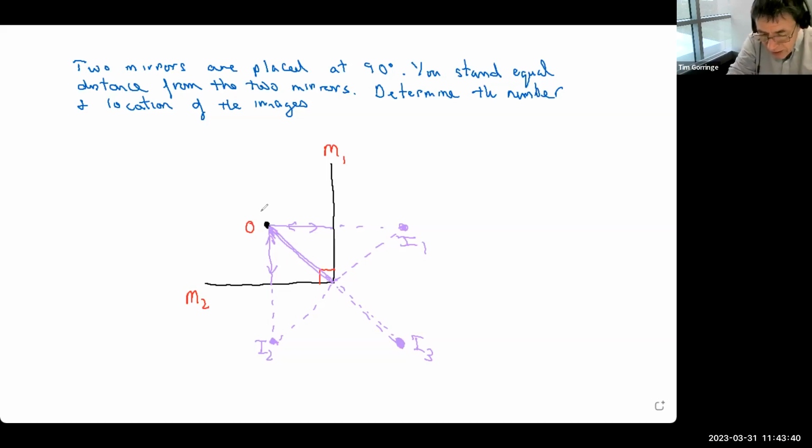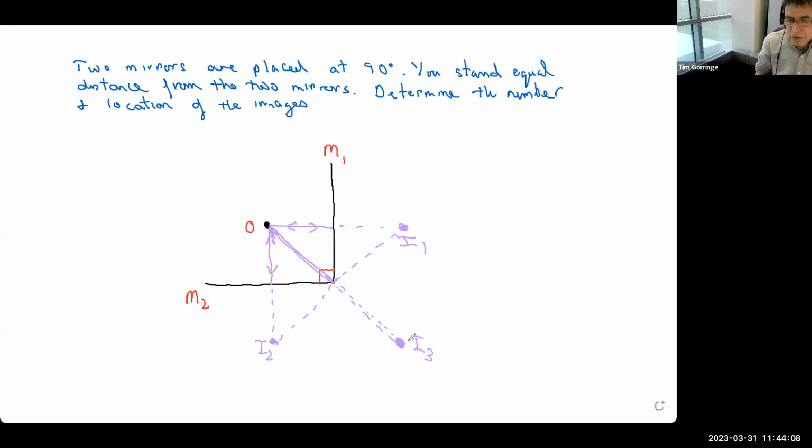You could think of the light heading towards the corner, bouncing off the vertical mirror, striking the bottom mirror, and then going back to the eye, or vice versa, the light going down towards the horizontal mirror, bouncing off the horizontal mirror, hitting the vertical mirror, and going back to the eye. That image is formed over here on the far bottom right, and that's the third image.